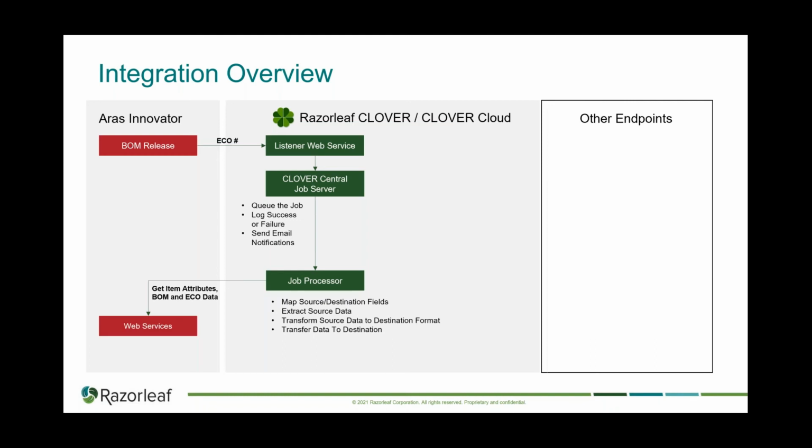In my case here, we reach back into Innovator through the web service API and get the attributes and their values, the BOM and ECO data, and create a data package to send to some other endpoint, right? And you might pass the part, the BOM, the ECO files, vendor information is pretty common, vendor item information, and it can go just about anywhere.